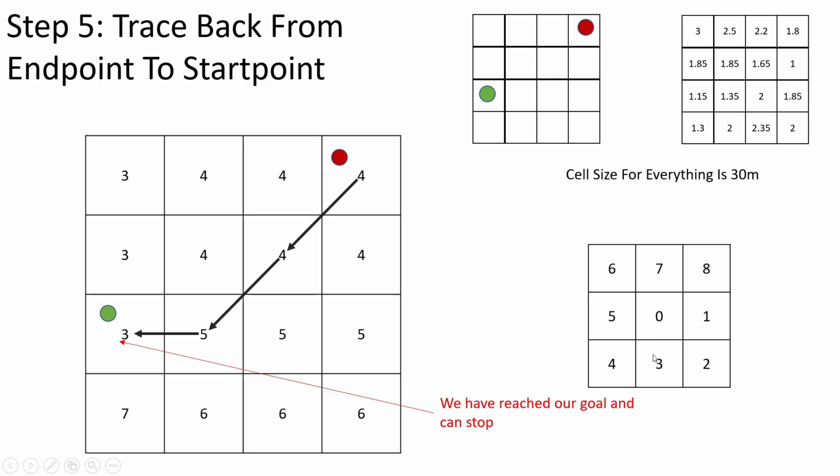And then finally, we worked backwards, starting from the endpoint, using the directions to determine which way to go to create a path to meet the start point. Okay. So at this point, do you have any questions?